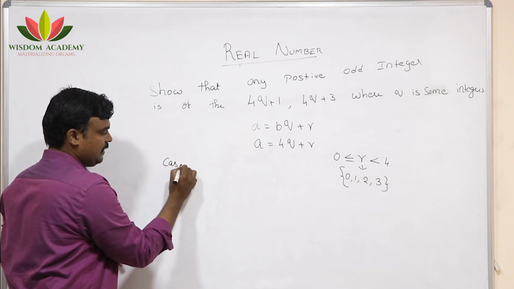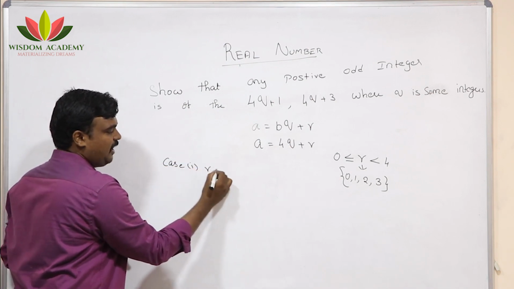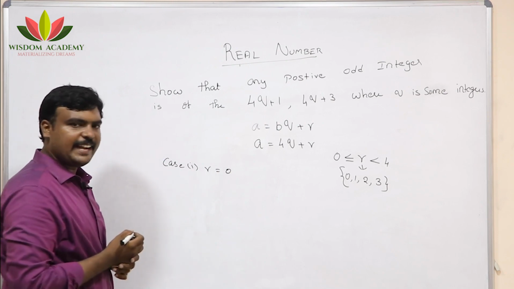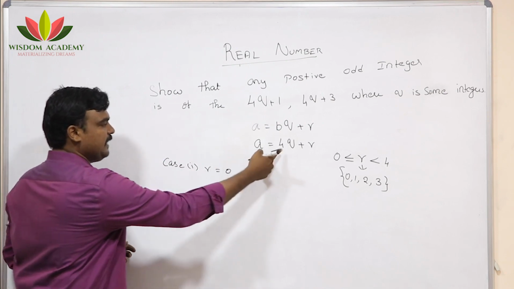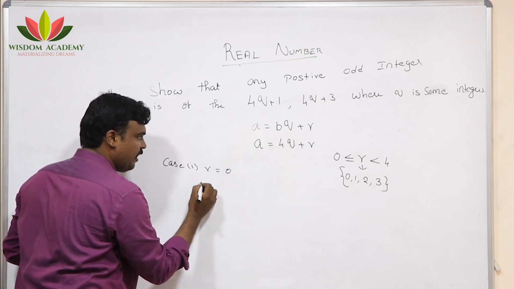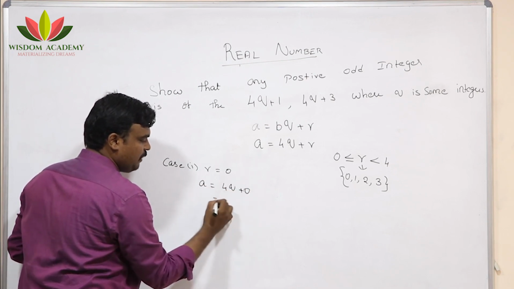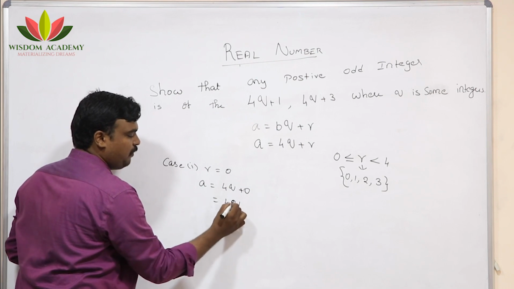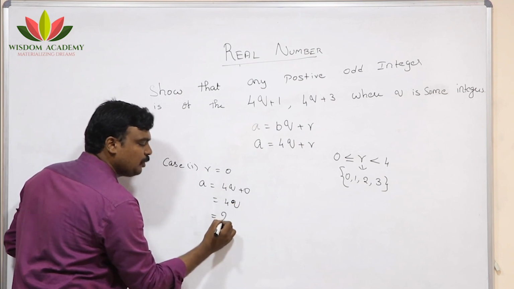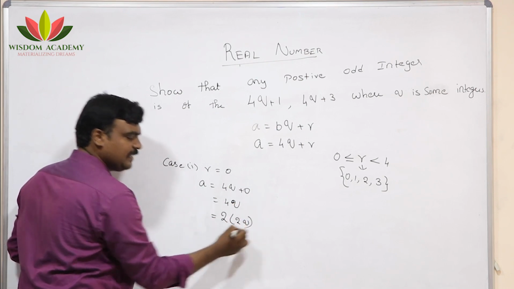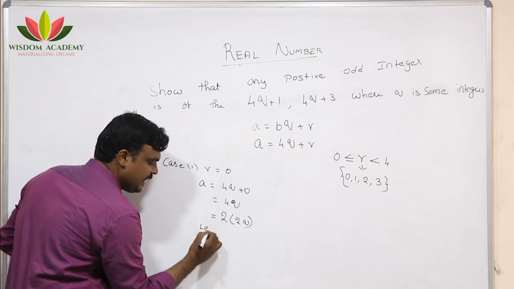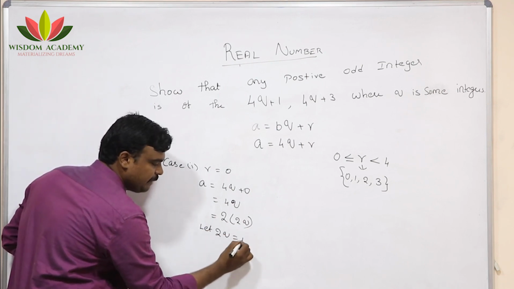Case 1. I will take r is equal to 0. If I substitute r is equal to 0, then what will I get? a is equal to 4q plus 0, which is equal to 4q, right? And 4q can be expressed as 2 into 2q. Let 2q be my m.